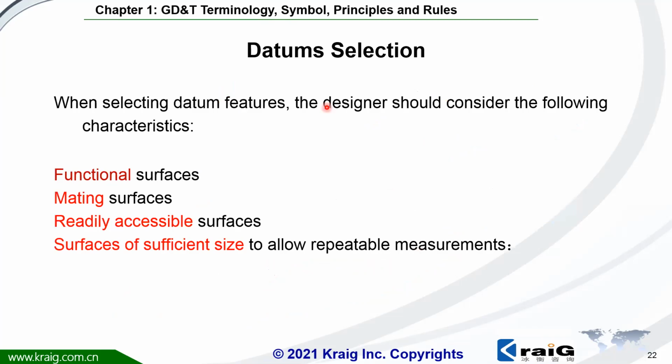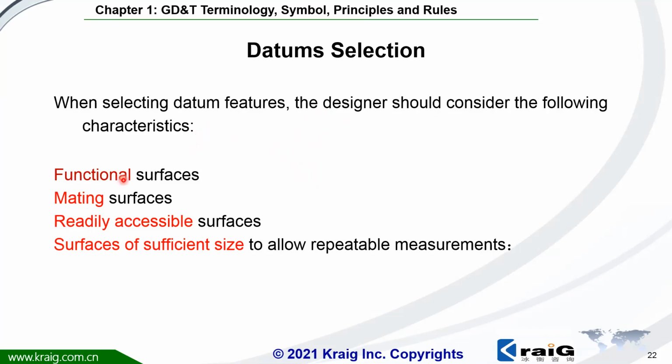As we mentioned, it's very important to specify the datum to the user properly. But how could we select which feature is supposed to be used as a datum? There are some rules. When we select a datum feature, the designer should consider the following characteristics.